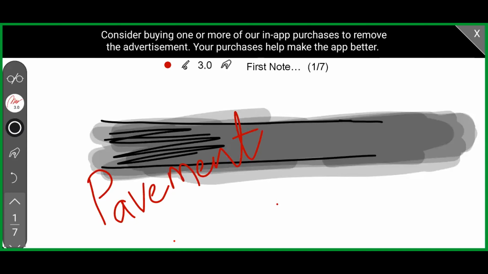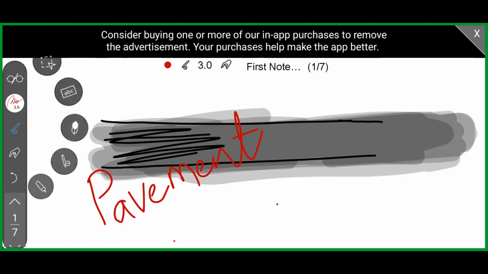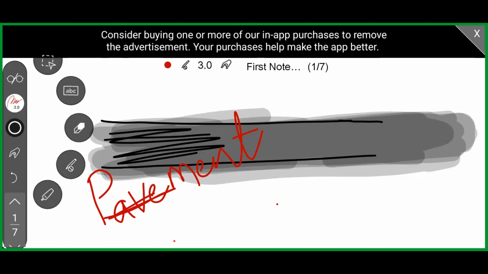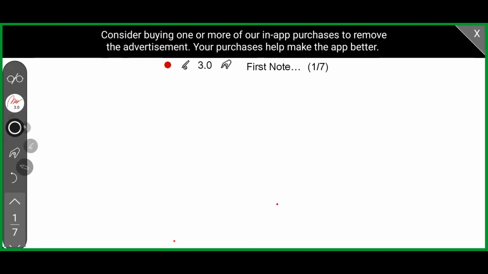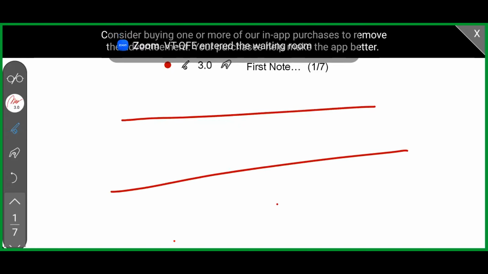So a very popular question comes in aviation: pavement classification number shall be more than aircraft classification number.